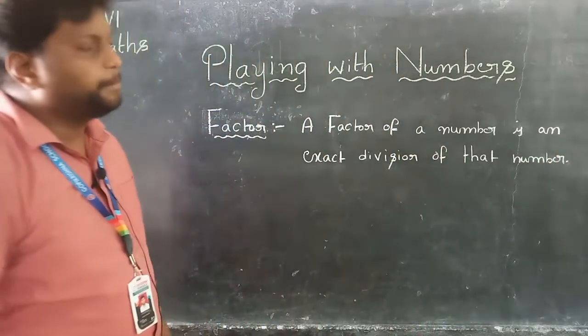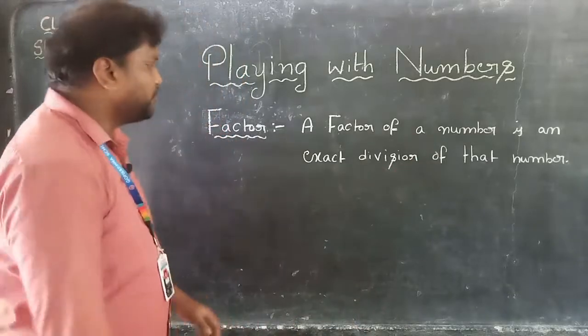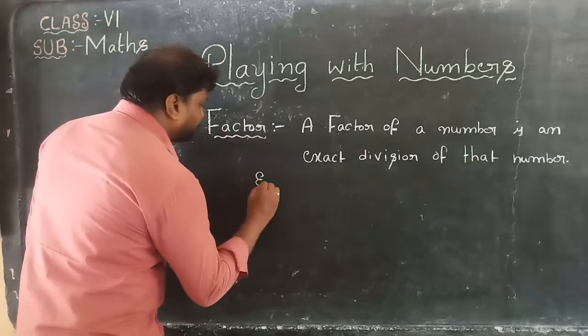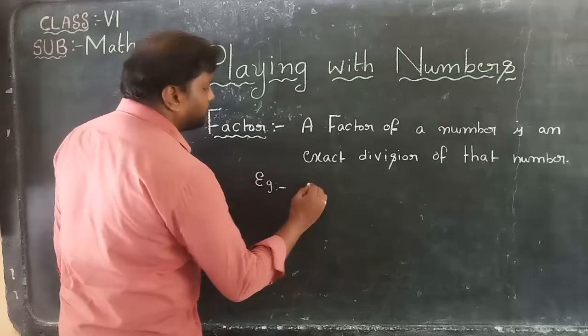A factor of a number is an exact divisor of that number. For example, I am taking the number 6.